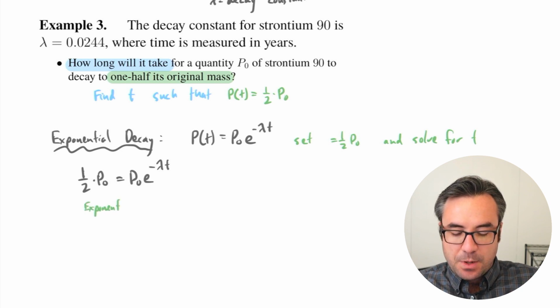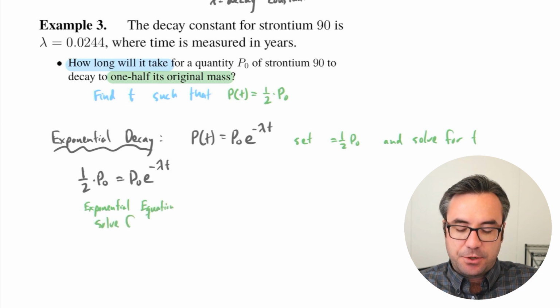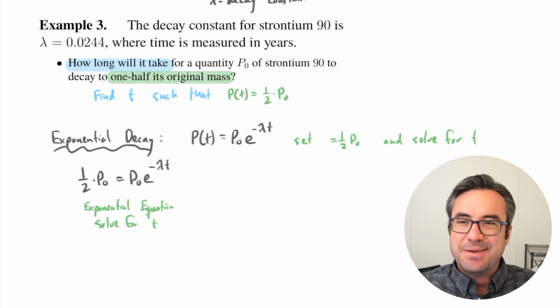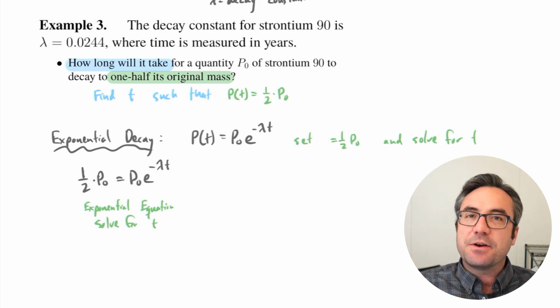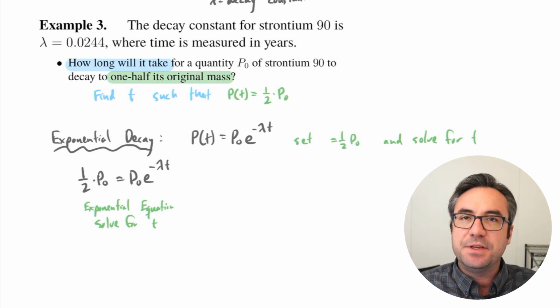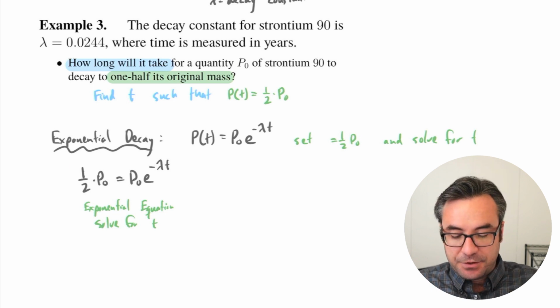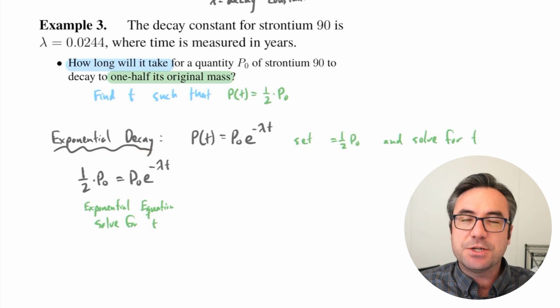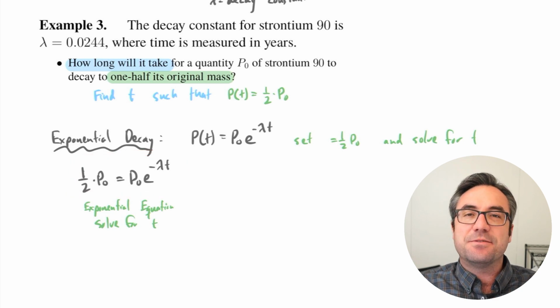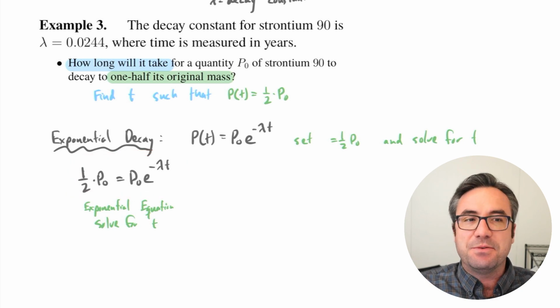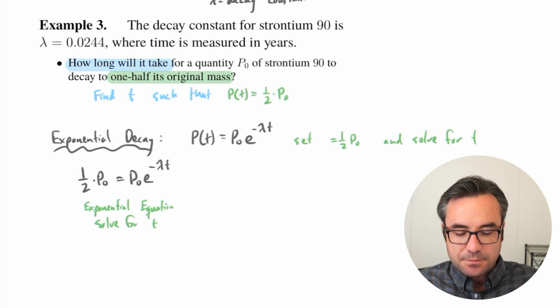And these exponential equations that we get, it becomes a very similar process for a lot of these exponential growth and decay problems. We're going to have to solve this exponential equation, and it's going to feel like you've done this before, and you really have.